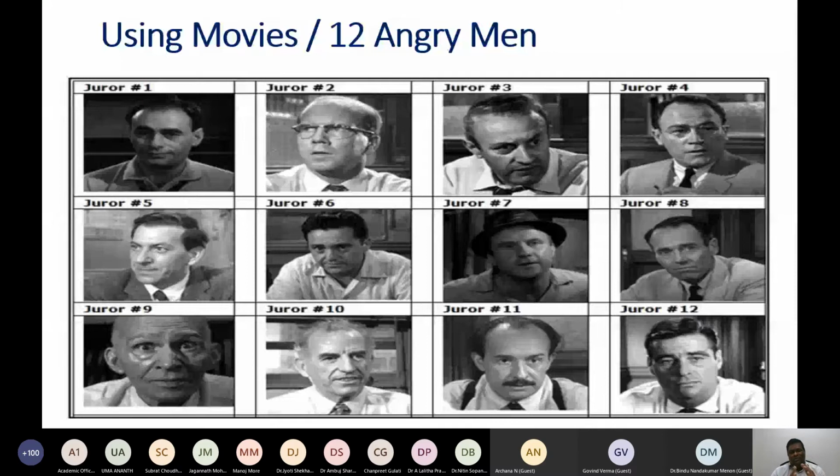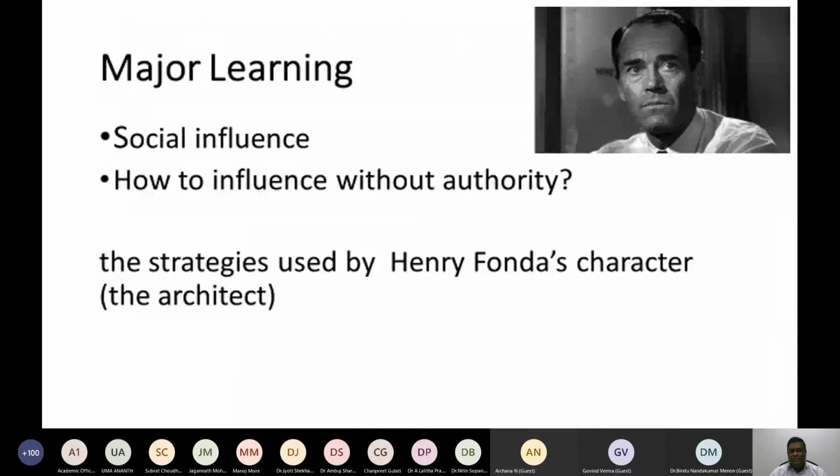So with all that preparation, I would want them to watch the movie. And with 12 Angry Men, what major learning, social influence can be taught, or how to influence others without authority.